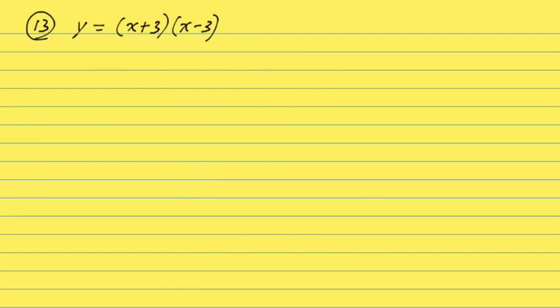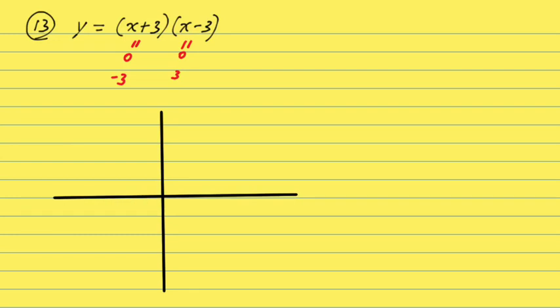Okay, from 7, I think our next one is kind of like 13. This is called intercept form. You look for what makes each of these 0, so that would be -3 and +3. That's where it's going to hit the x-axis. -3 and +3. So I'll mark off -3 and +3.